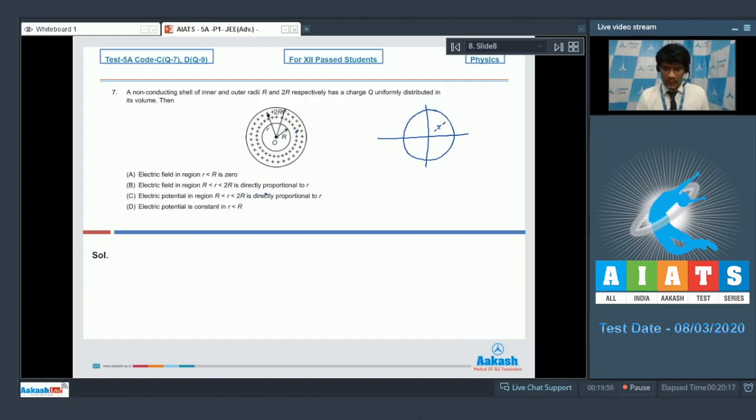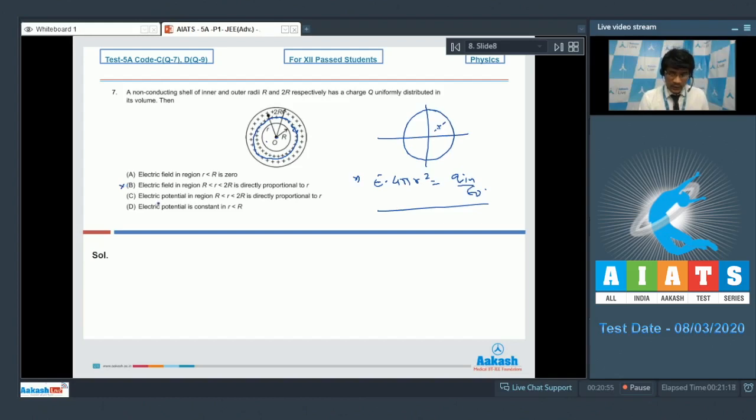In fact, if you make the calculation, you will have ∮E·dS, that is E × 4πr², equal to Q inside divided by ε₀. Q inside will be from this much of the region. Since Q inside does not come out to be a direct function of r, option B will not be the correct answer.